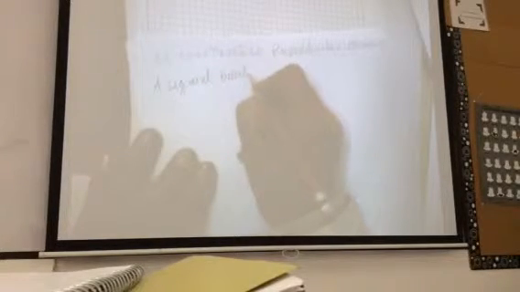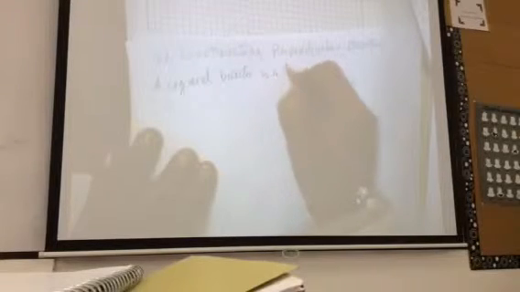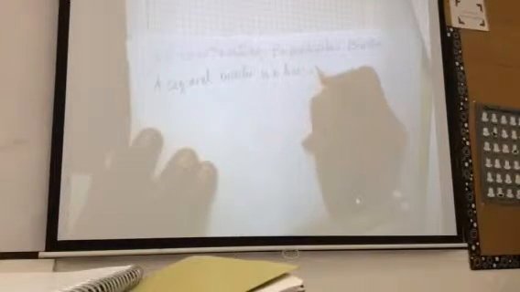A segment bisector is a line, ray, or segment that passes through the midpoint of a segment.